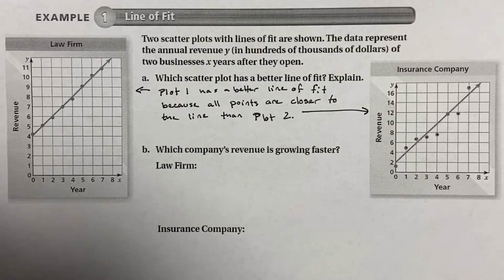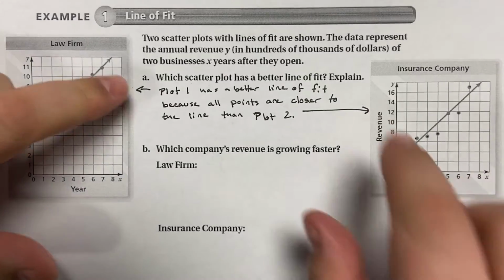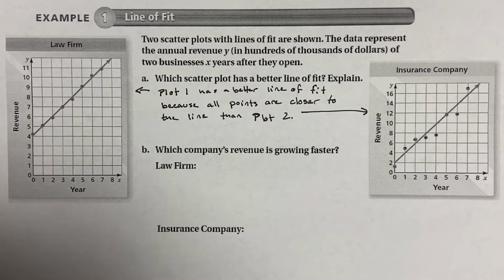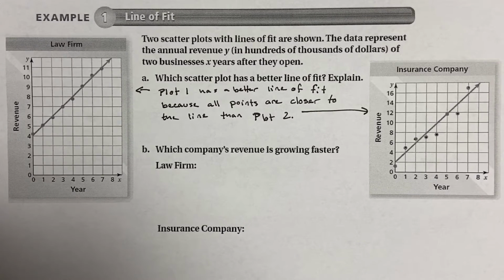All right, so plot 1 has a better line of fit because all points are closer to the line than plot 2. And I gave you arrows so you can remember which one is which when I mention plot 1 and plot 2. Sorry, I paused there.